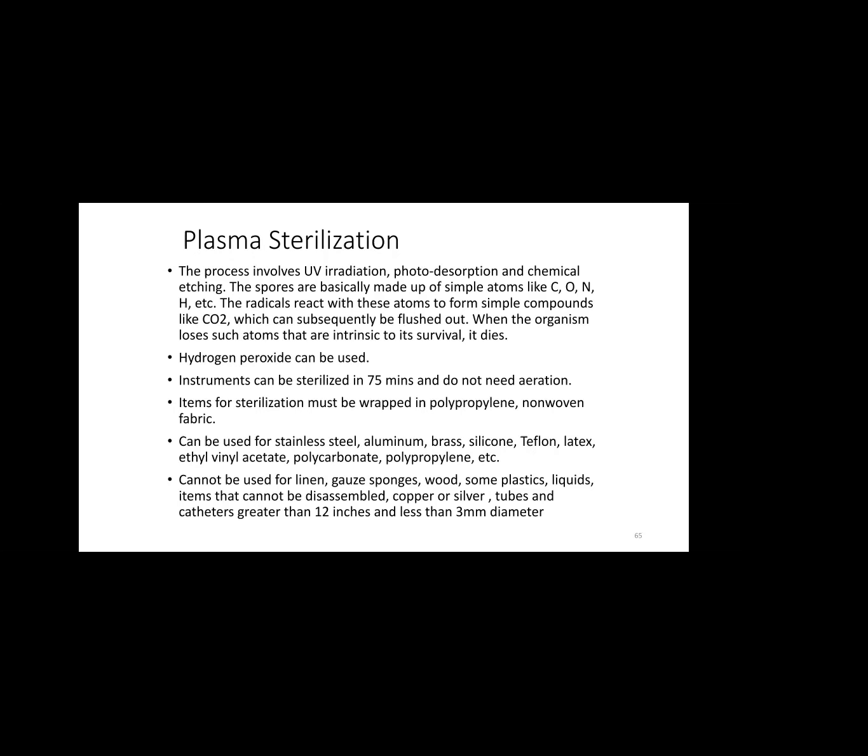And it cannot be used for linen, gauze, sponges, wood, some plastics, liquids, items that cannot be disassembled, such as copper or silver, and tubes and catheters greater than 12 inches and less than 3 millimeters in diameter.